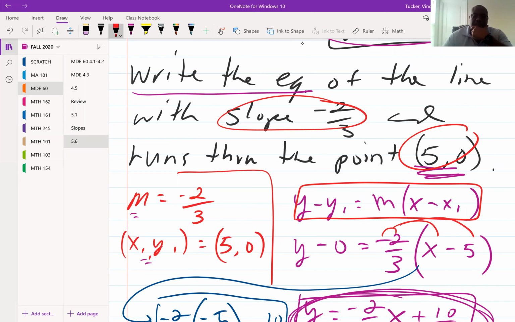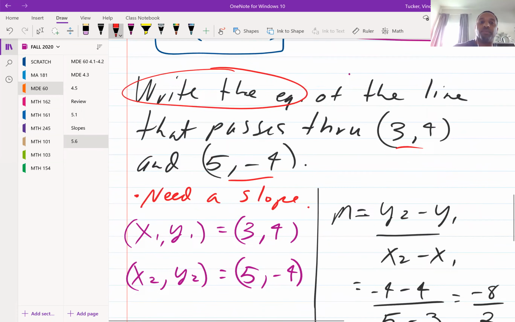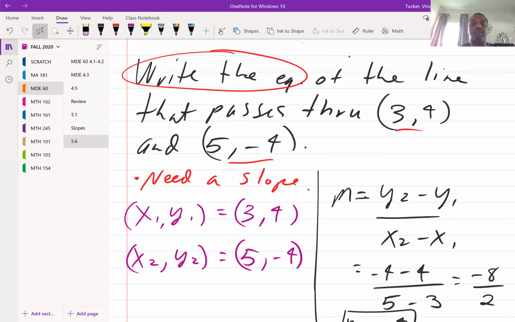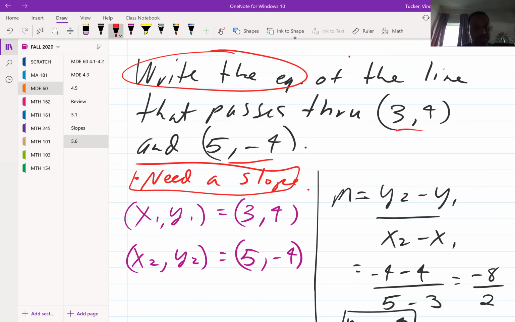Now, in the current example, I don't have a point and a slope. I have 2 points, so you've got to find the slope. I can't use the point slope formula with 2 points. I need a point and a slope for that formula. So like you said, I need to find the slope. I can find the slope when I have 2 points. You see what I mean?